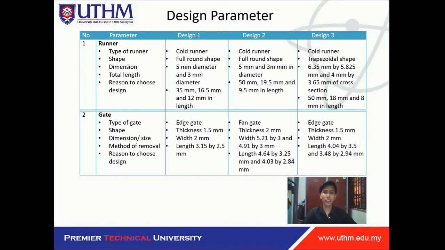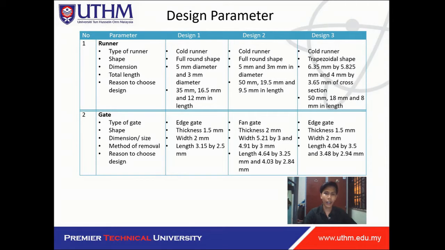So next is the design parameter. We are using 4 types of parameters: runner, gate, ejector and cooling system. We are also using 3 designs, which are design 1, design 2 and design 3.